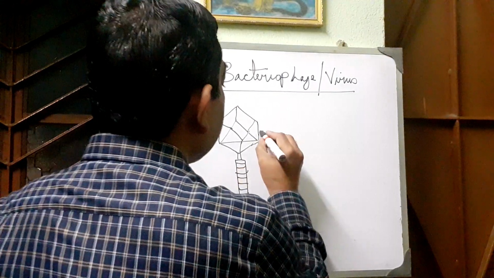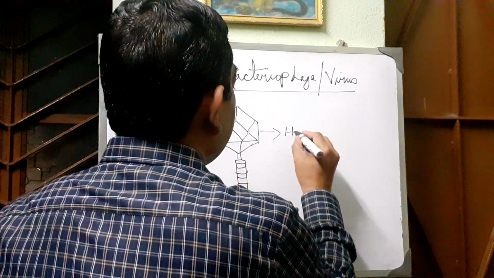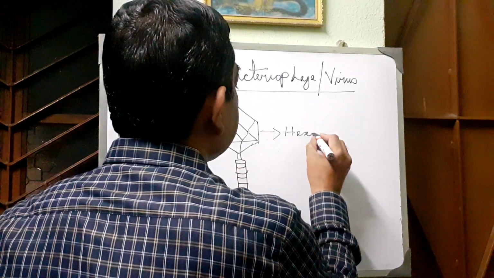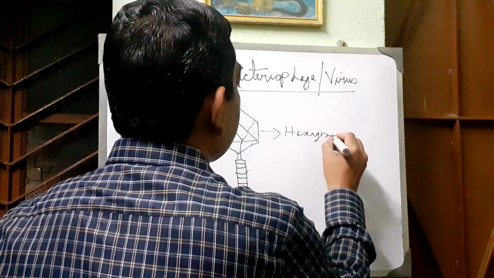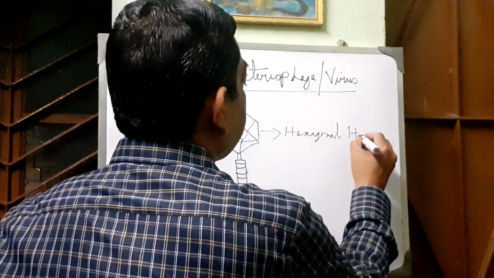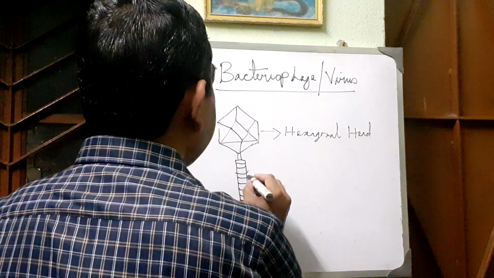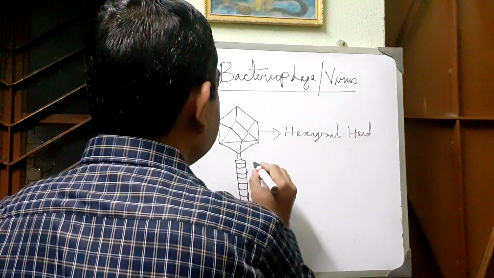This is a hexagonal head of the virus particle. This is the tail of the virus.